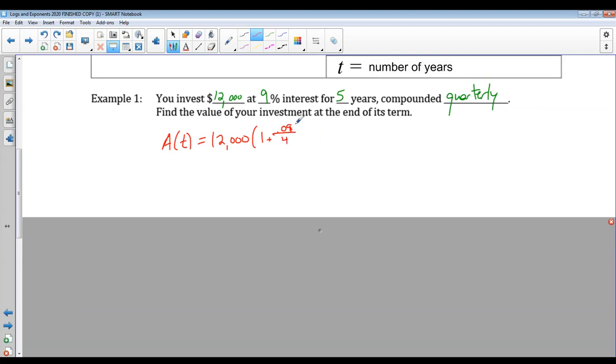So 0.09 divided by those 4 equal installments, to the NT power. Really just plugging it into our formula, we go into our calculator, and we get about $18,726.11 when I did this out on my calculator. So keep that number in mind. That's our 9% if we're compounding it 4 times per year. So that's again where this part of our formula changes.